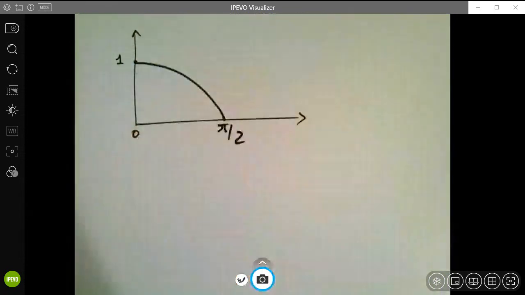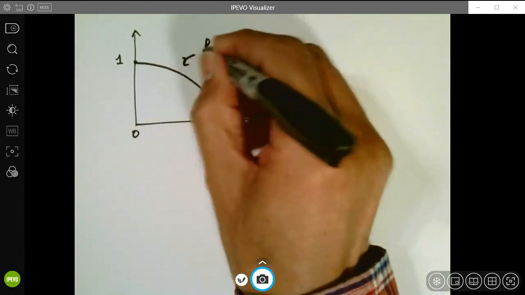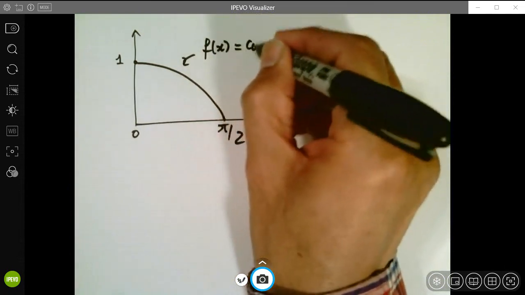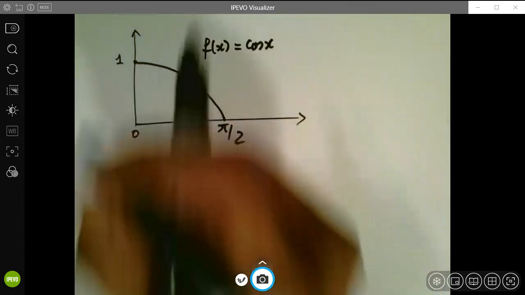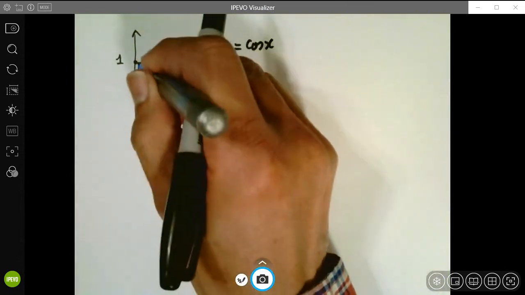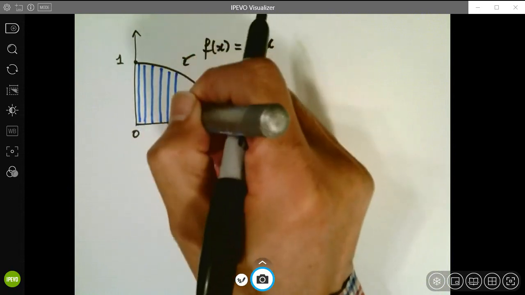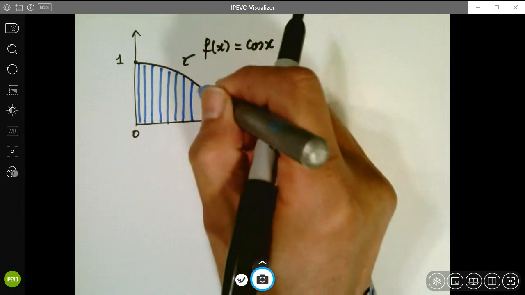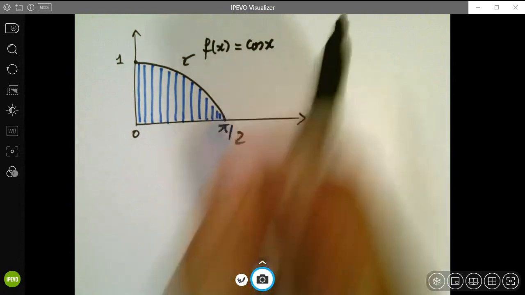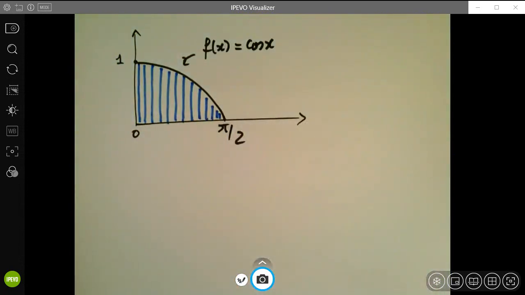Okay, this is cosine x, and I want the surface area of this one.